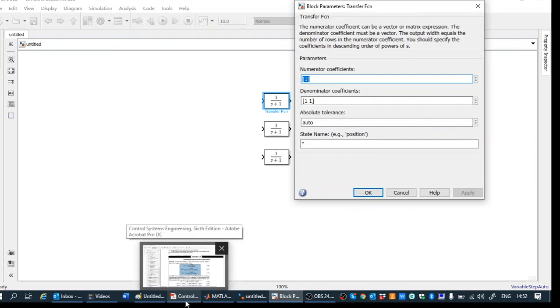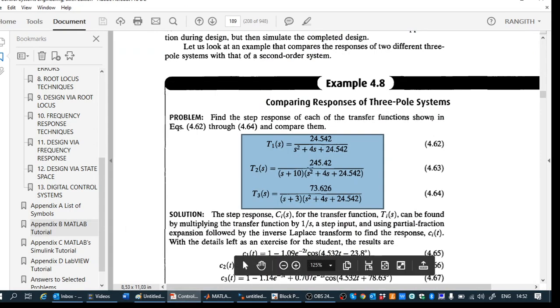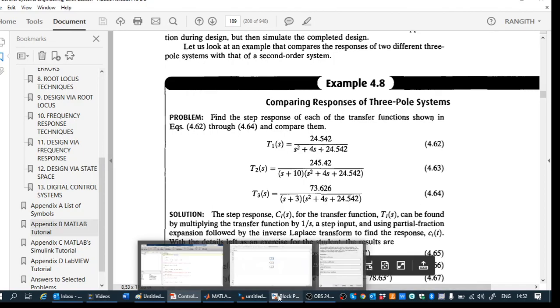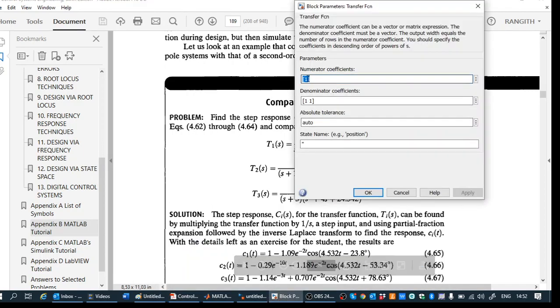Let's have a look at what are the roots that we have. It is going to be 1, 4 and 24.52, right? So it's going to be 24.52 as the numerator. So we go over here and we put 24.52.